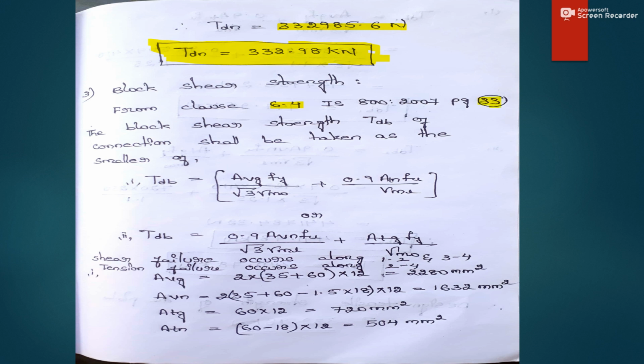The block shear strength Tdb of the connection shall be taken as the smaller of these two.